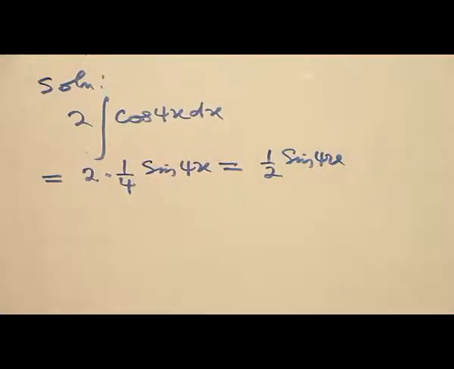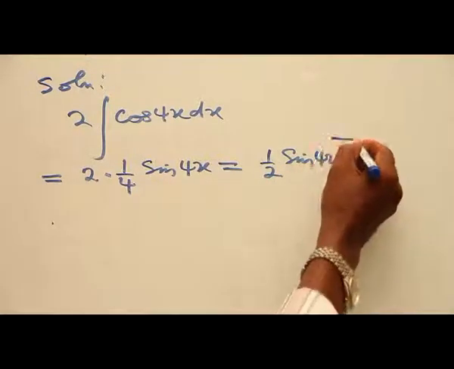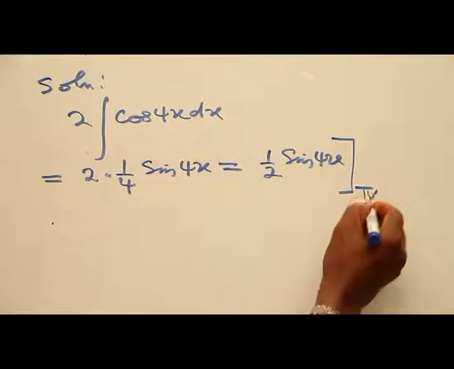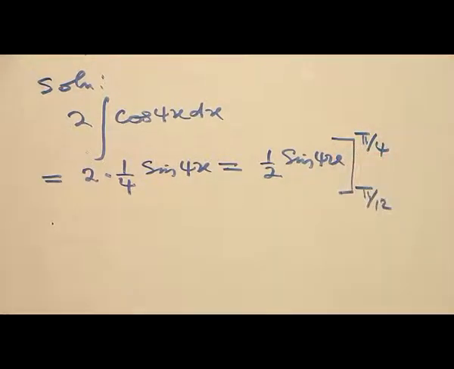Now we are going to evaluate that from the point pi all over 12 to the point pi all over 4. So this will be equal to, substituting that value, let's say we're now evaluating it at pi over 12 and then at pi over 4.